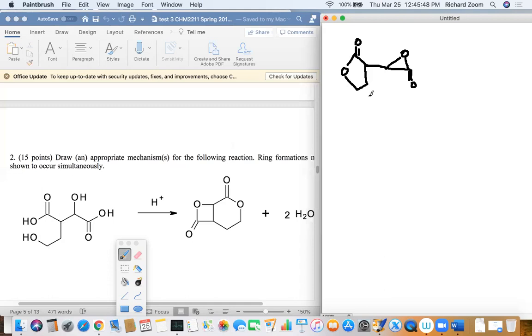So that's what it would look like if the OHs that were closest to each of them joined to each C double bond O. If this OH joined to this C double bond O, and this OH joined to this C double bond O, that's what you get. But that's clearly not what we have. So we know it's not that situation.